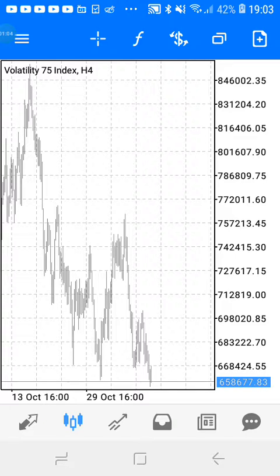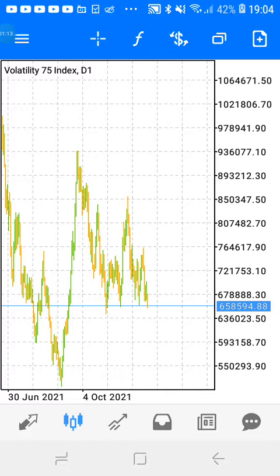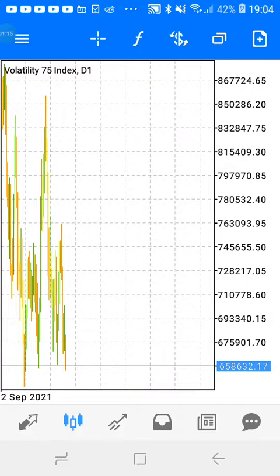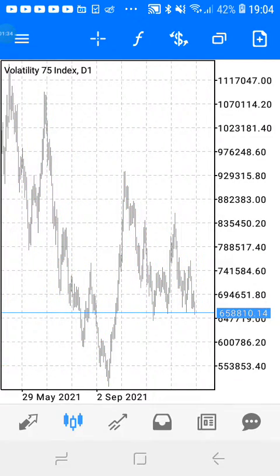As you can see, now our V75 on H4, let me go to day one. On day one, it's like this, but if you push it to the left, it looks oversold. But if you drag it to your right, you can see that it's still gonna fall.